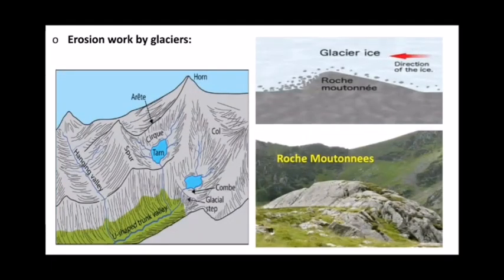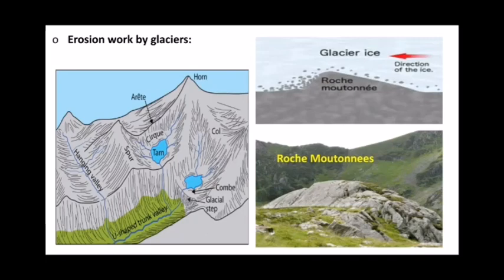Now let's see the erosion work by the glaciers. So children, though the velocity is less, that is the speed of the glacier coming down is less because it is very heavy, the mass of the ice, that is the weight of the ice, is more, and hence the glacier erodes its own bank.